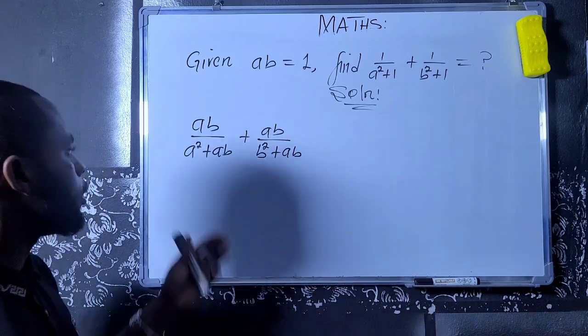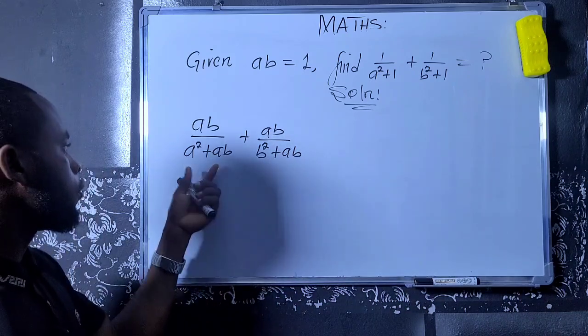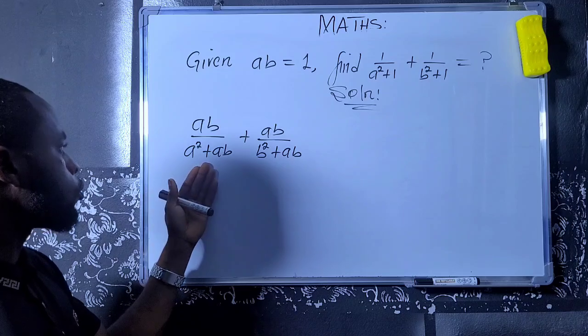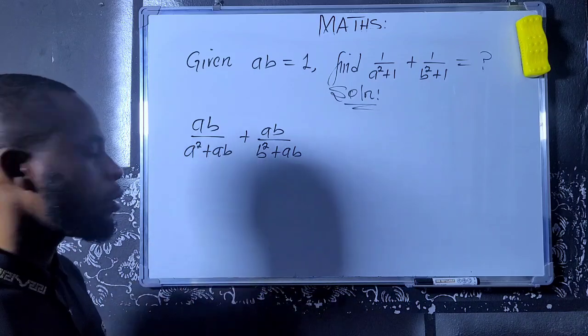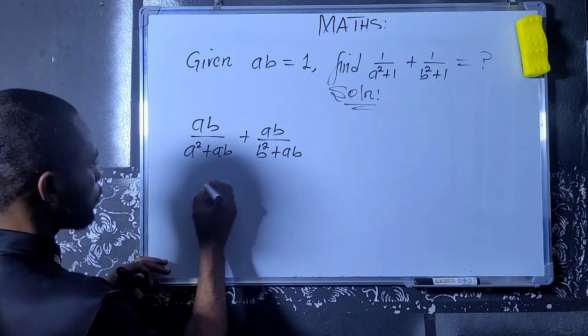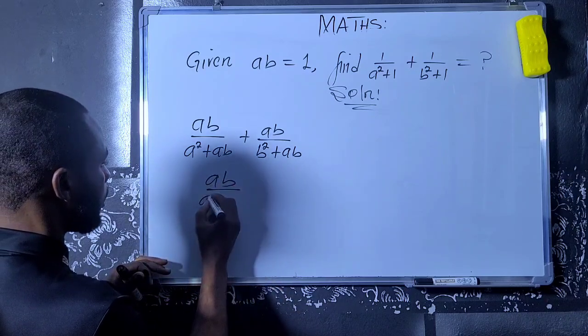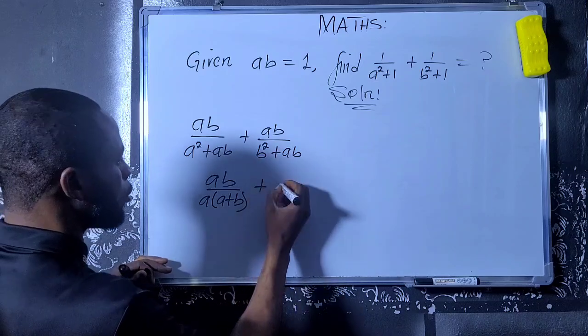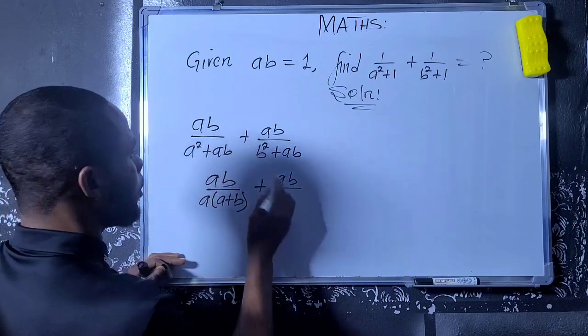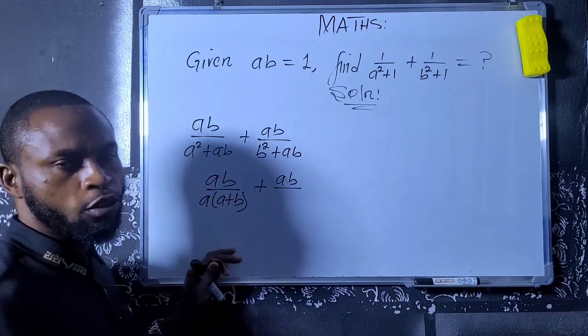Now here in the denominator, the first one, A is common and we are going to factor out A. Therefore, the expression becomes AB divided by A into A plus B, plus here we have AB divided by, here B is common.